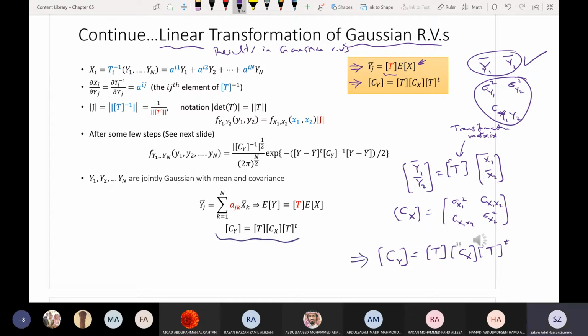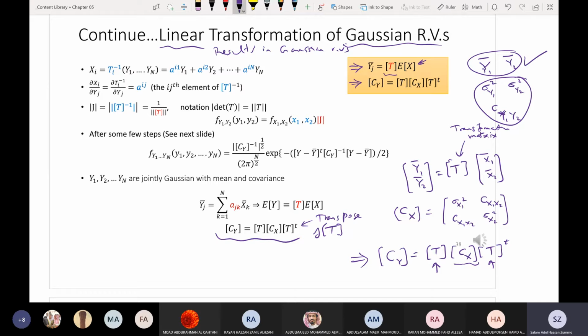Basically it's the covariance matrix of X pre-multiplied by the transformation matrix and post-multiplied by the transpose of T. Do you know the transpose, guys? Yes, transpose. Basically you make the rows columns and the columns rows.